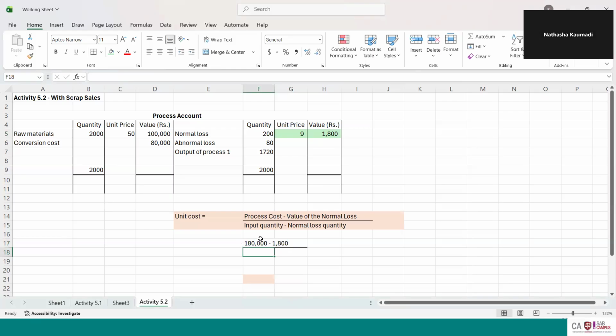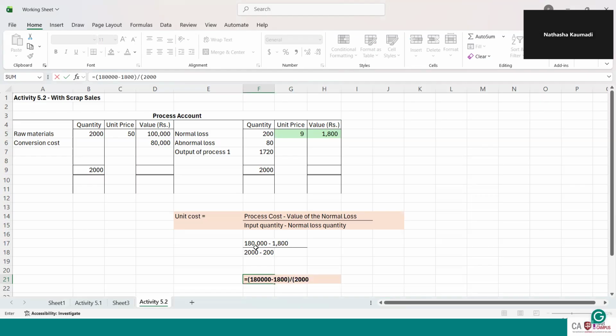And then input quantity, how many kilograms? 2000. Do we have normal loss quantity? Yes, of course. 200 kilograms. Right. Shall we get the values? 180,000 minus 1,800 divided by 2,000 minus 200, 99, exactly 99 rupees.